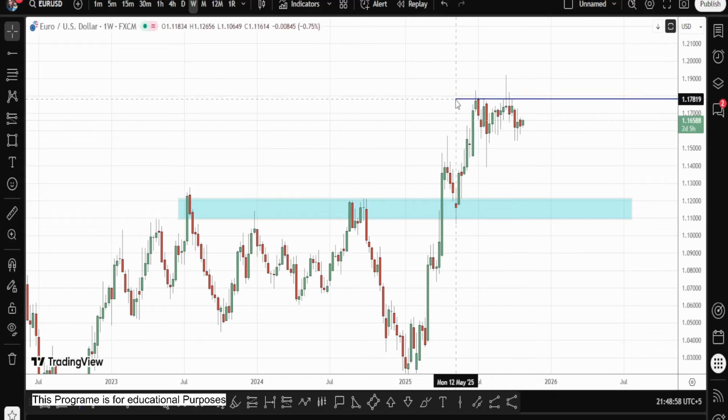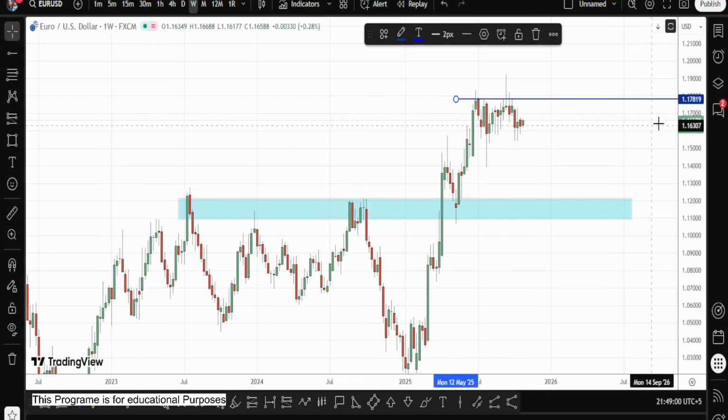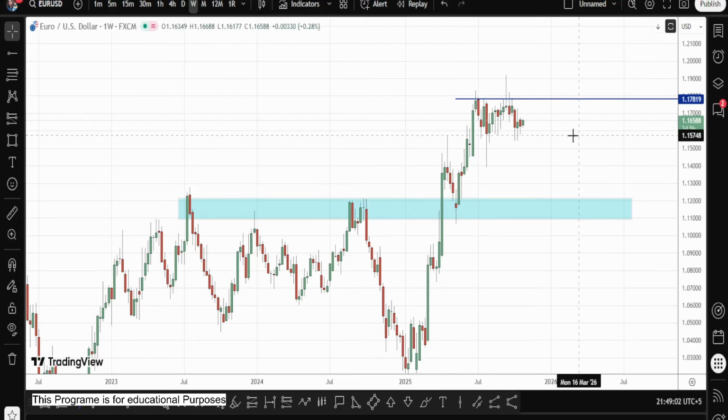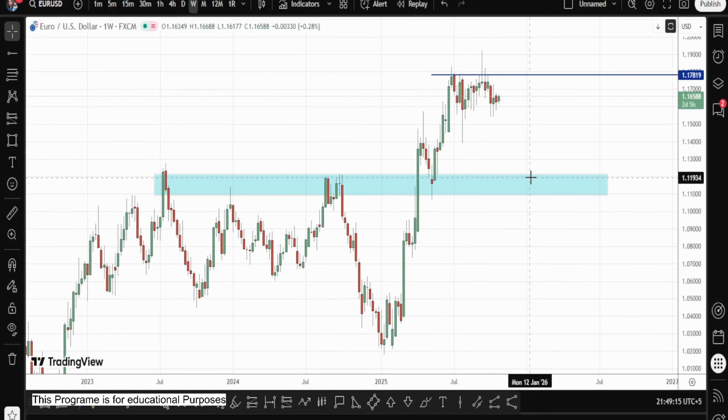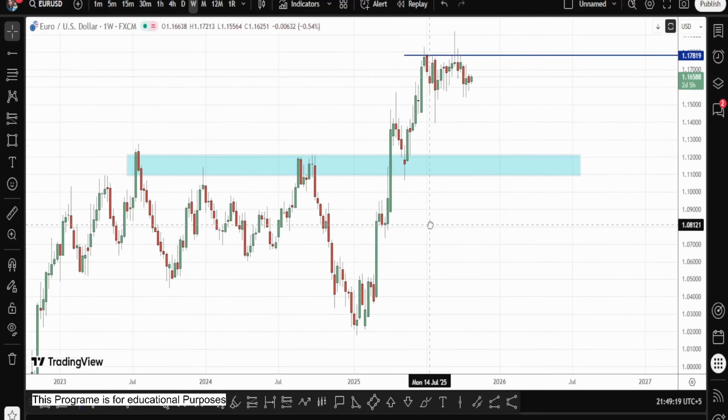If we cover the body of this right here, then 1.17819 somewhere. So as far as it is trading below this, we will be treating it as bearish, but it needs some clarifications. And as far as it is trading below this level, we can say this market is coming back down to this whole rally that I discussed at the start of the year.